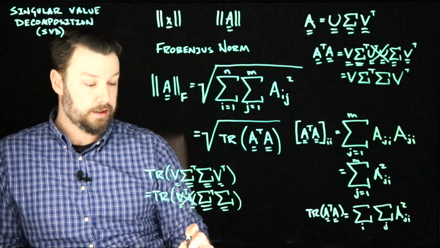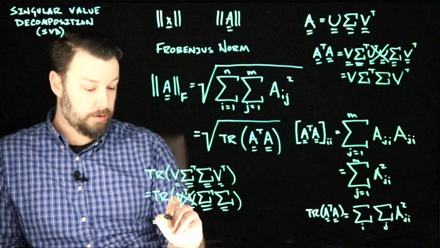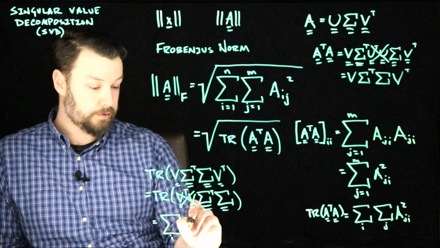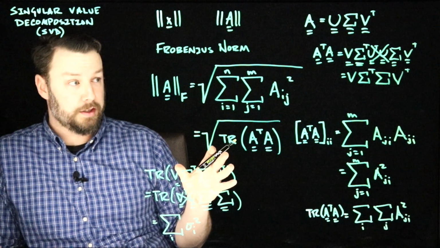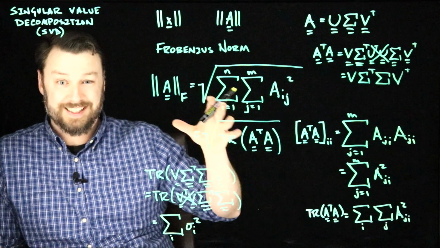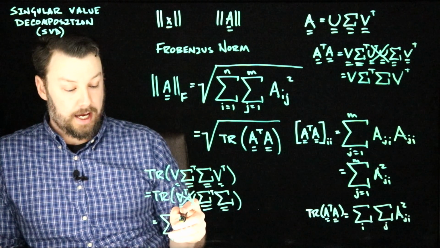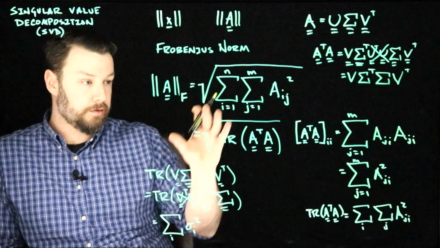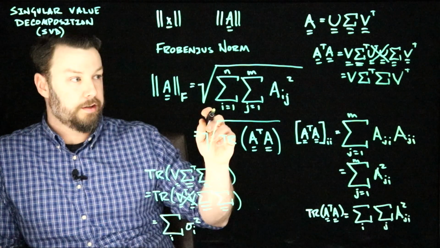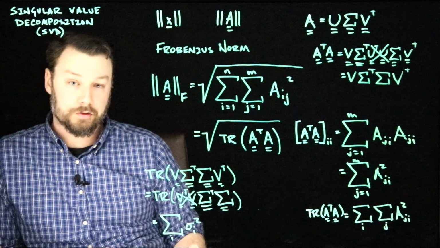These become identity, and we can see then that this is the sum of the squared singular values. So we can think of the Frobenius norm as just being the square root of the sum of squares, kind of like the Euclidean distance. Or we can also think of it as the sum of the squares of the singular values. I find this to be a surprising connection, that if I just add up the squares of all the entries, I'll get the same number as if I summed the squares of the singular values.